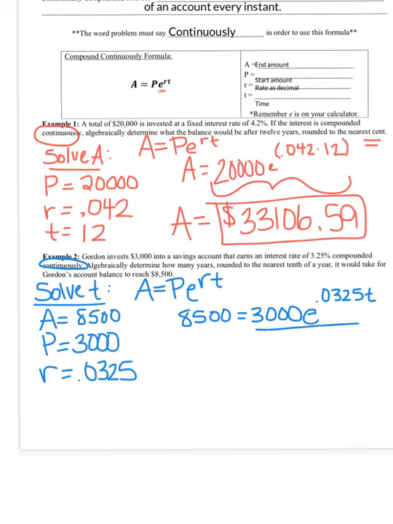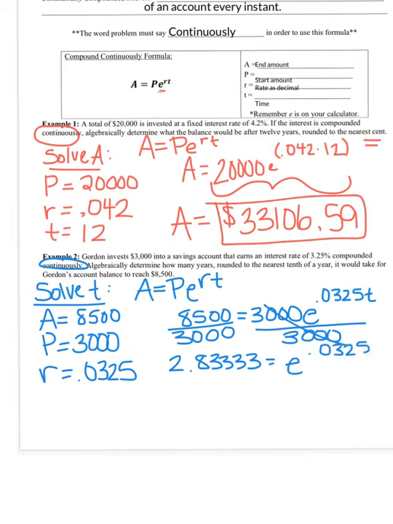First step stays the same, divide by 3,000. That cancels over here. You do 8,500 divided by 3,000, and that gives you 2.83 repeating. Remember, 5 decimals equals e to the 0.0325t.